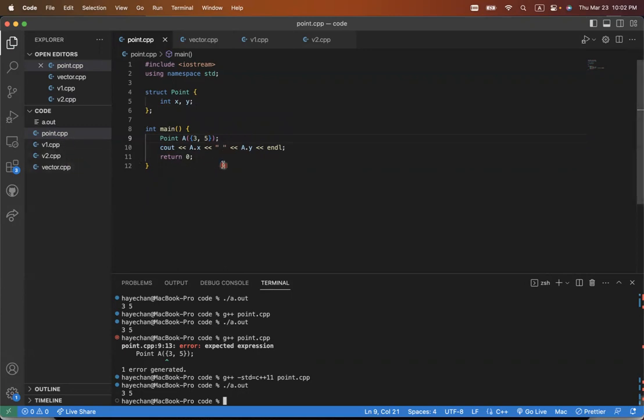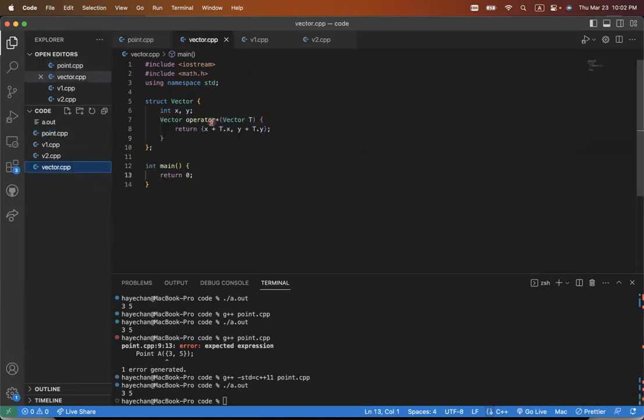Now, to do vector arithmetic, we need to learn a few more things about struct. A vector is essentially also two integers, right? So it's no different from a point. But we want to do vector arithmetic, and C++ allows us to have built-in struct functions like that. Very often, let's just comment this out first.